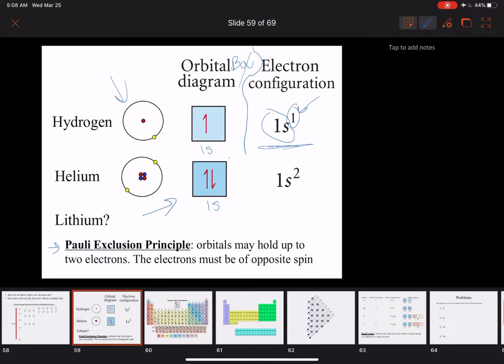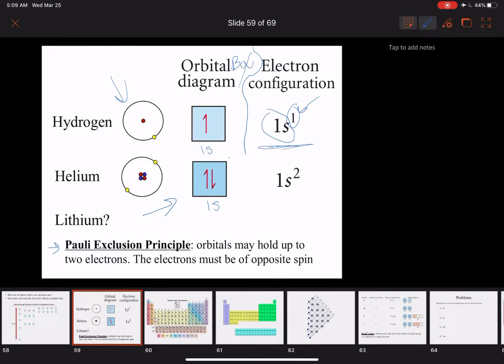What Pauli said is that orbitals can hold up to 2 electrons, but the electrons have to be of opposite spin. In chemistry, the way we indicate that is 1 of our arrows up and 1 of our arrows down. In physics, you will see it as +1/2 and -1/2.